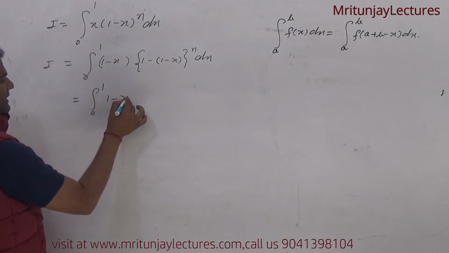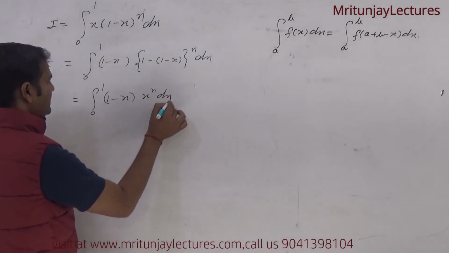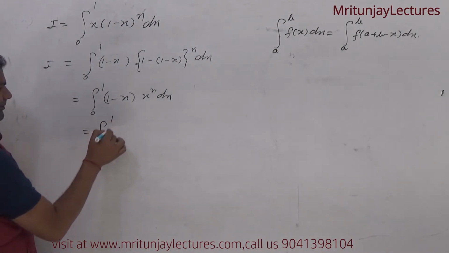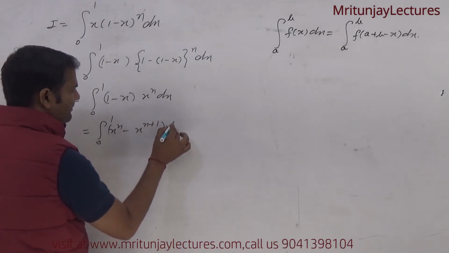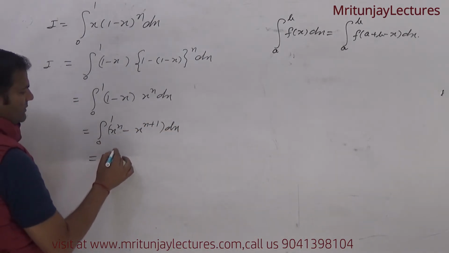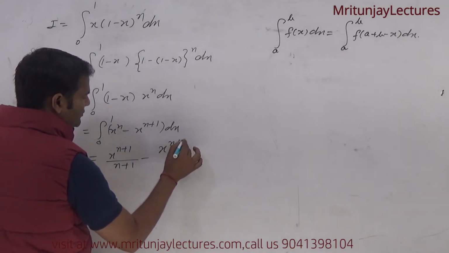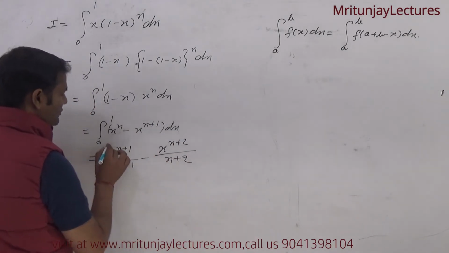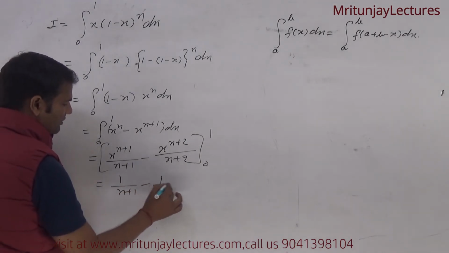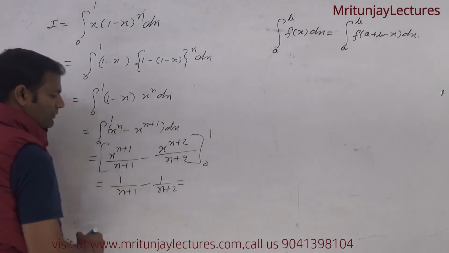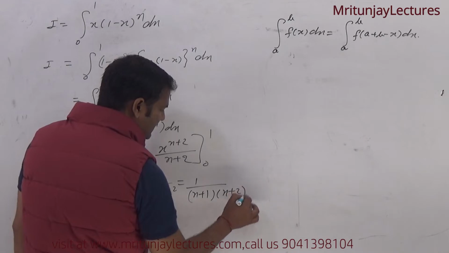So the integral from 0 to 1 of x to the power n minus x to the power n plus 1, into dx. We get x to the power n plus 1 divided by n plus 1, minus x to the power n plus 2 divided by n plus 2, from 0 to 1. So we get 1 upon n plus 1 minus 1 upon n plus 2. So finally we get 1 upon (n plus 1) into (n plus 2) is the right answer.